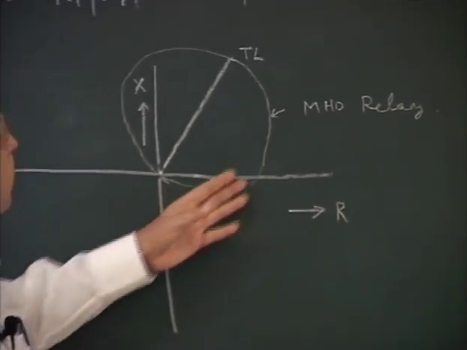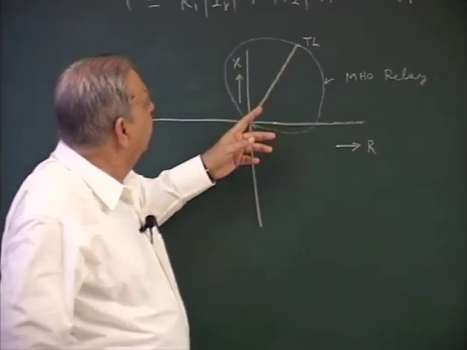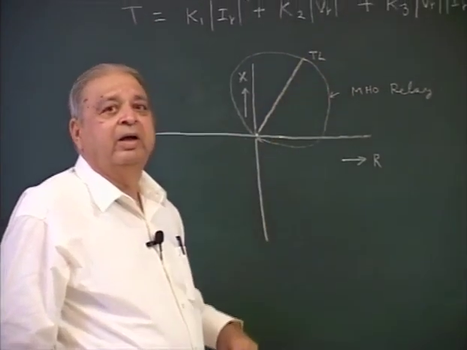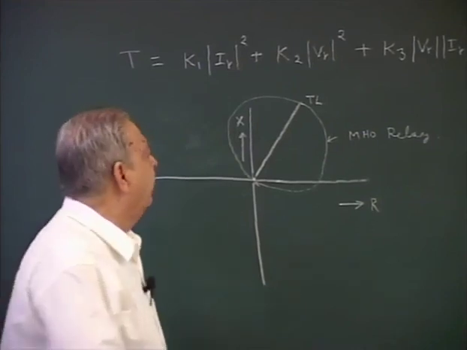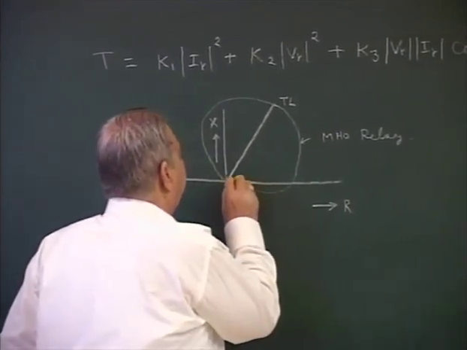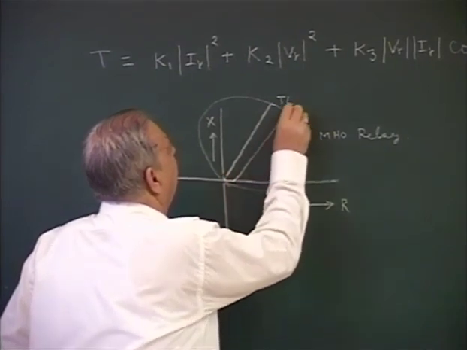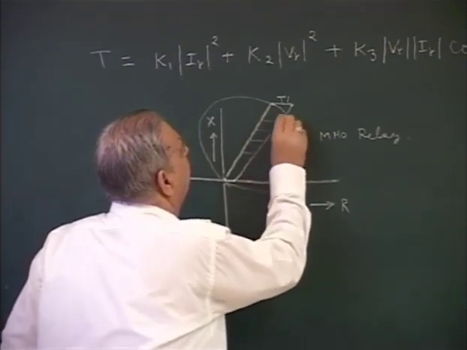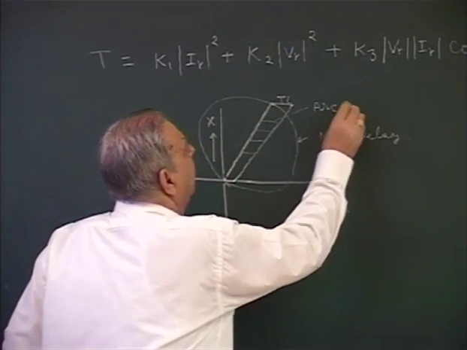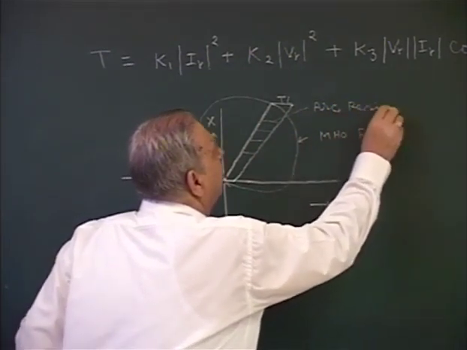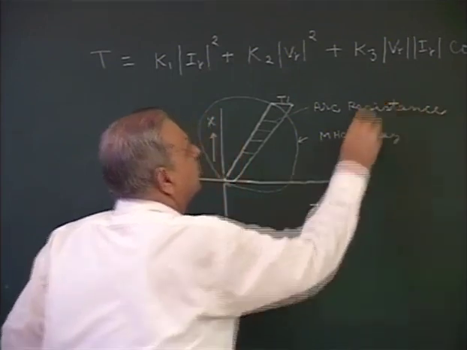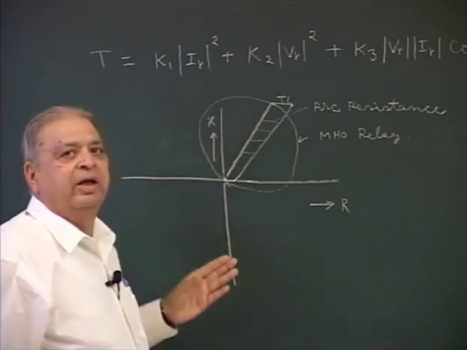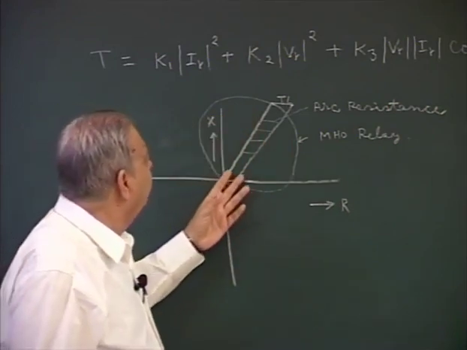Now, this is all right as a characteristic, but the fault will generally have a fault resistance, and as the fault resistance will be like this, this will be the arc resistance. But still, a lot of tripping area is there which is not within the fault zone.